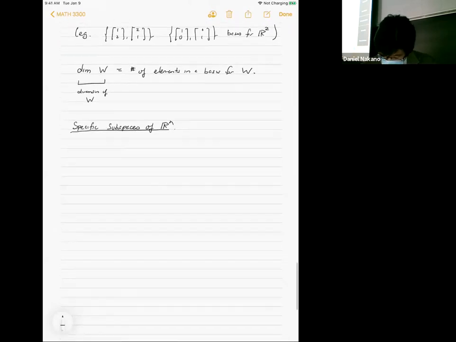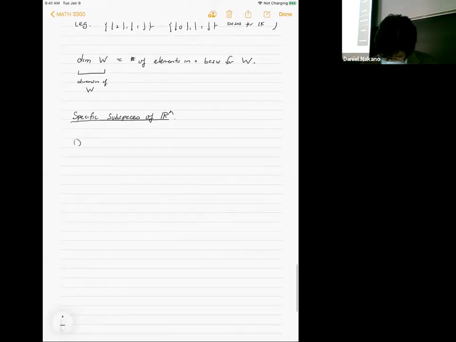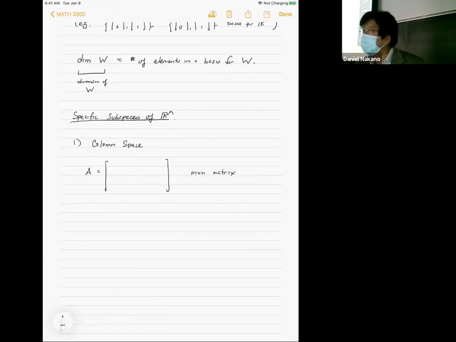All right, so the first one is called the column space. Here's how this story goes. You take A, an n by n matrix, and then you look at the columns of A. Let's enumerate them: B1, B2, up to B sub n.